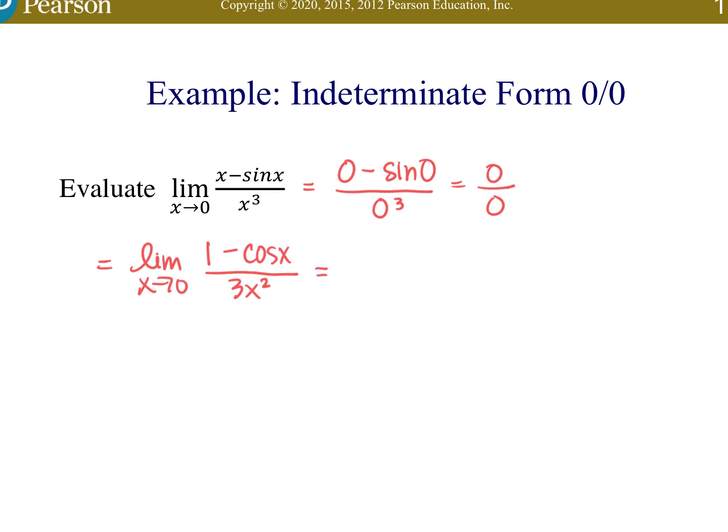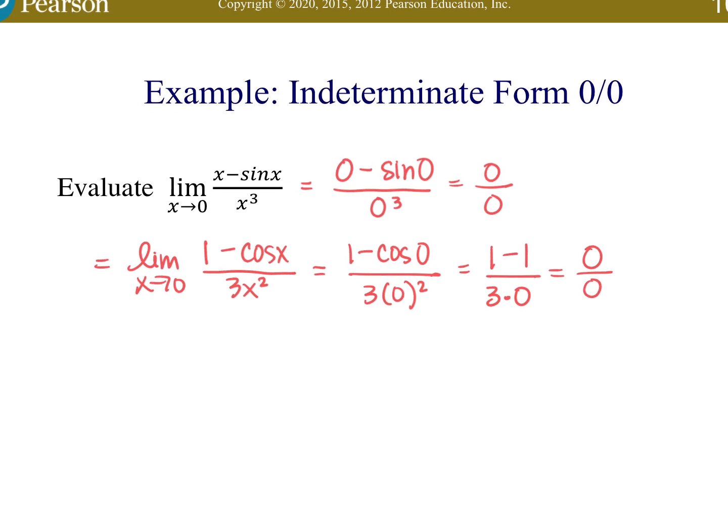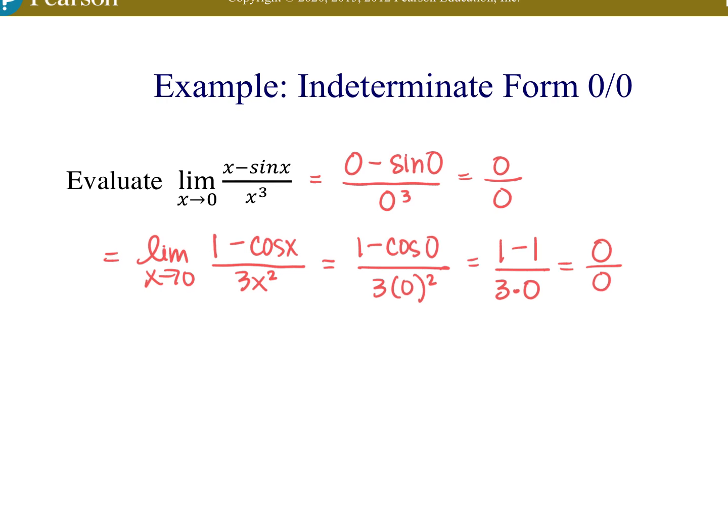Then I'll drop 0 into that. So I'll get 1 minus the cosine of 0 over 3 times 0 squared. So I've substituted 0 in. The cosine of 0 is 1. So my numerator is 1 minus 1, and my denominator is 3 times 0. So I get 0 over 0 a second time. Which means I'm justified in using L'Hopital for round 2.